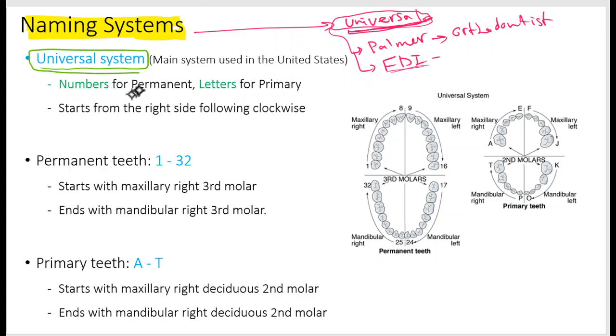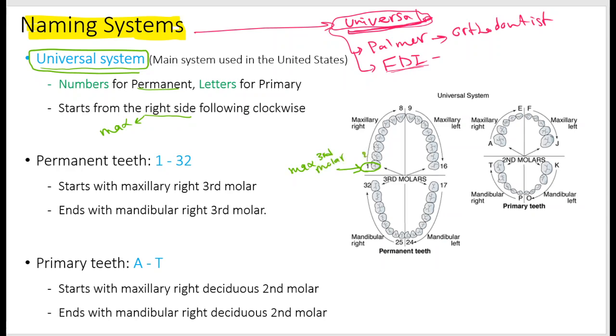We use numbers for permanent teeth and letters for primary teeth, right? And we start from the right side, maxillary right, and then go clockwise. So you see that here we started with number 1, which is the maxillary third molar.